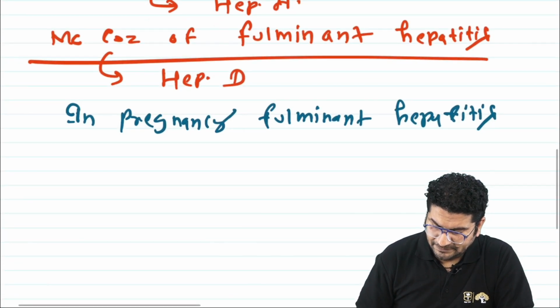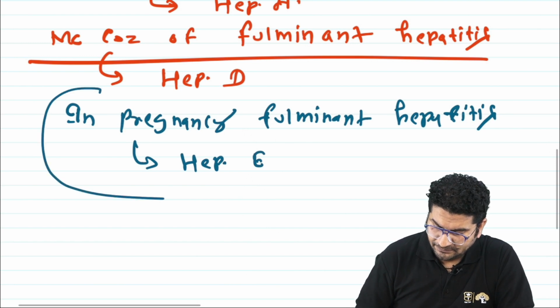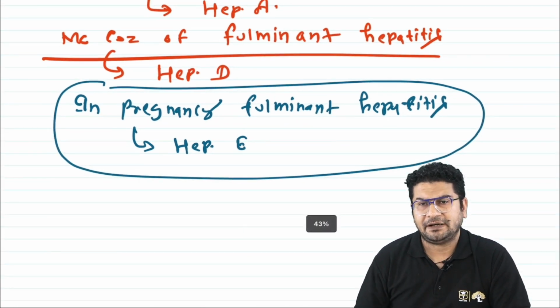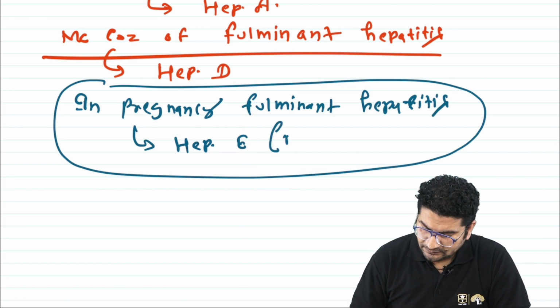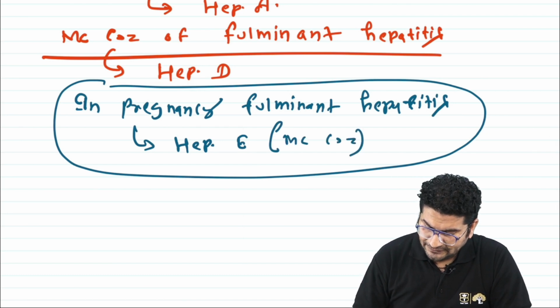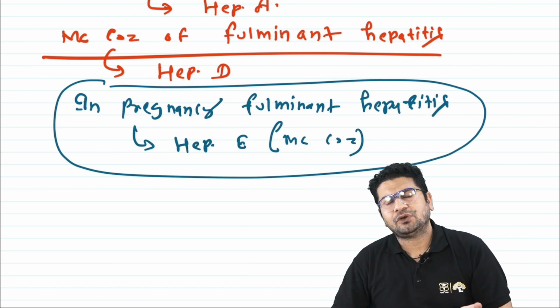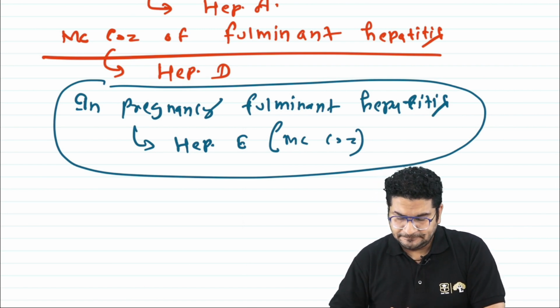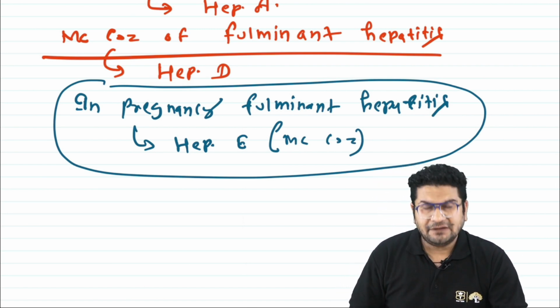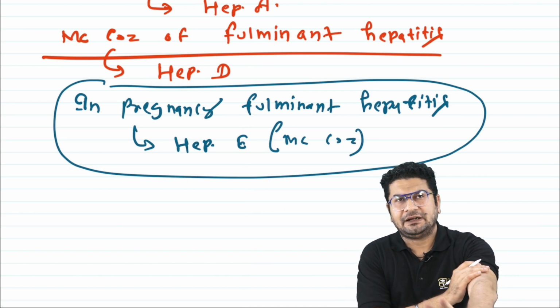Overall, hepatitis D is more common than hepatitis E in fulminancy.